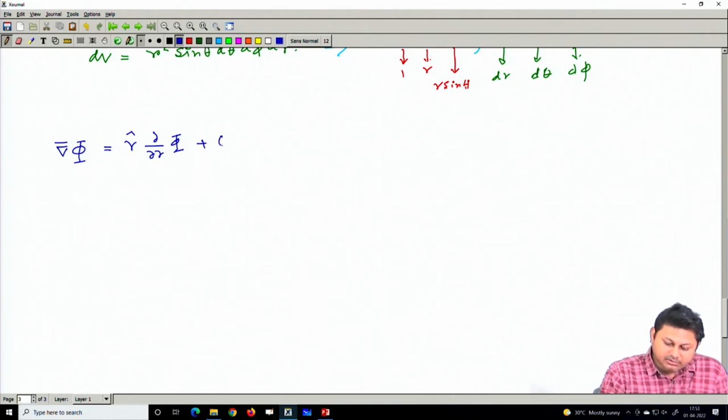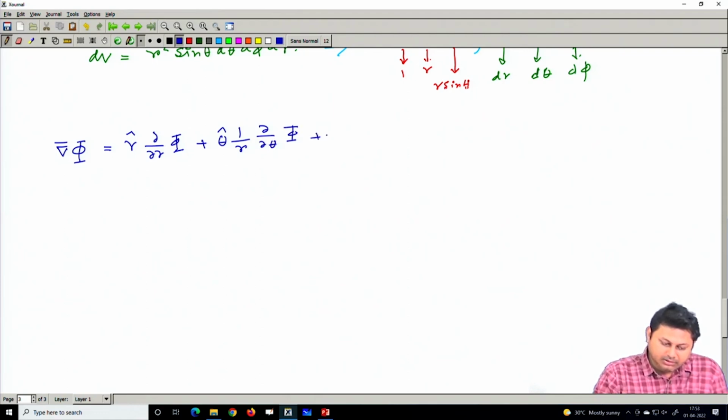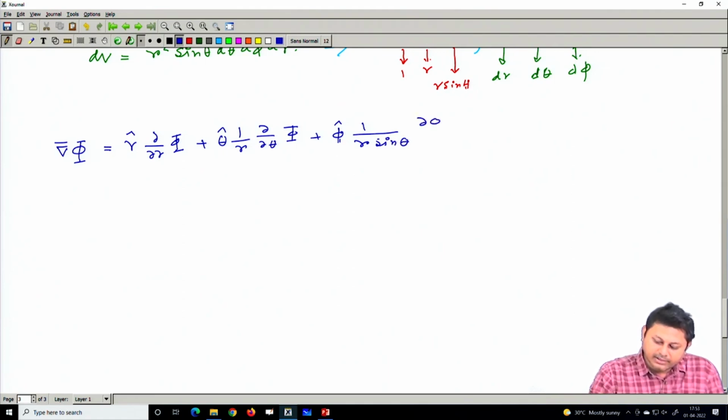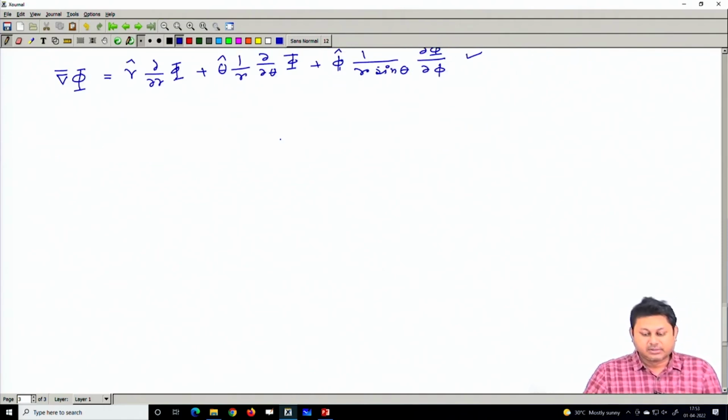Then theta unit vector 1 by r del Phi del theta, and then phi unit vector 1 by r sin theta del Phi del phi. Okay. So, this is the way one can define the gradient.